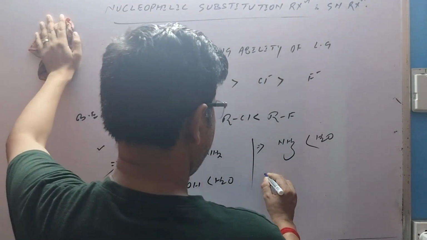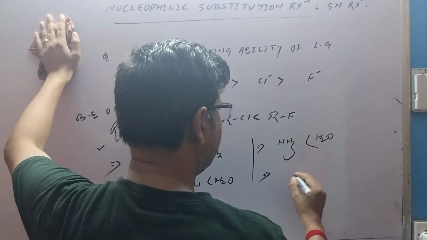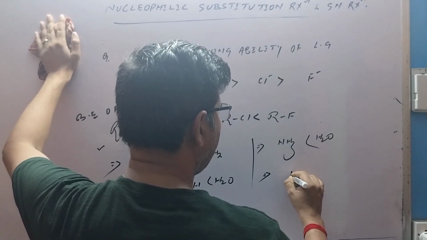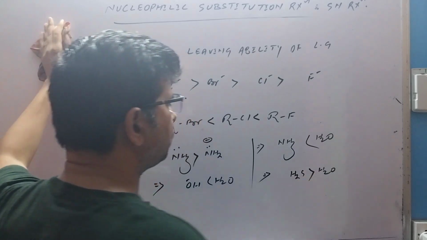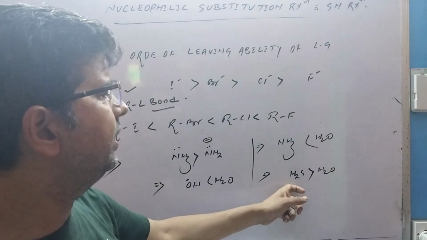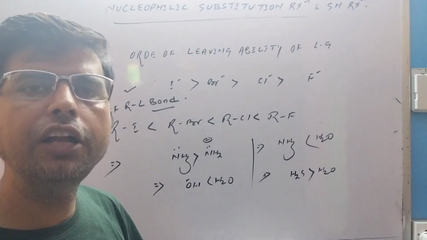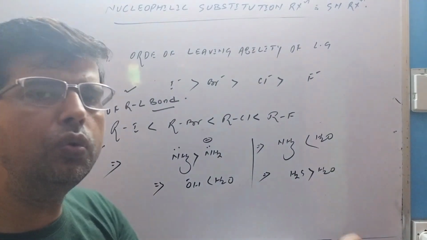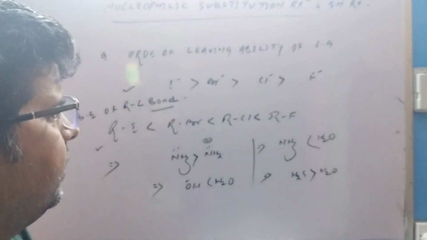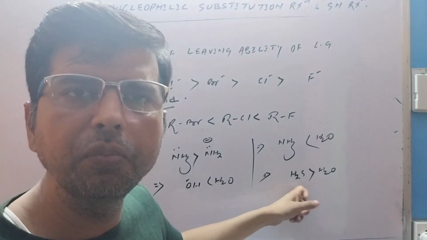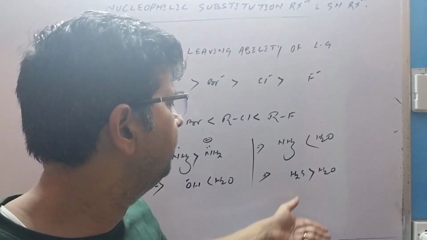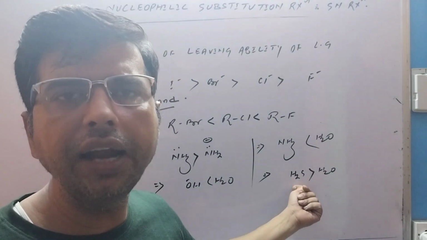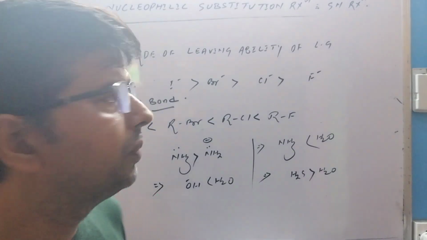Now, another example, if the groups are H2S and H2O, definitely H2S has leaving ability much greater than that of H2O, for two reasons. First reason, H2S is more acidic; more acidic means basic strength is weaker. Weak bases are good leaving groups. On this basis, we find H2S is a good leaving group.